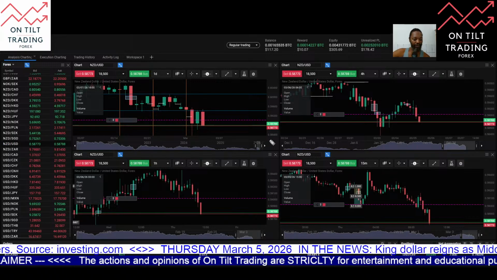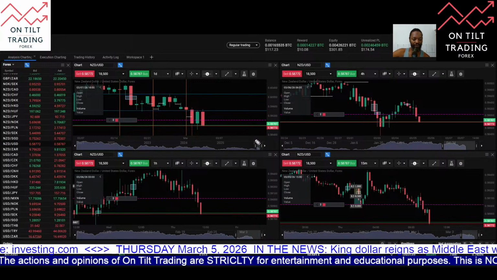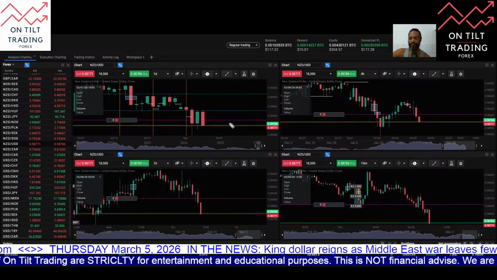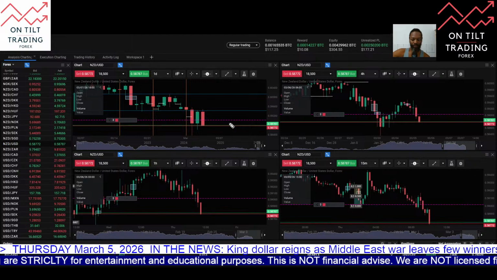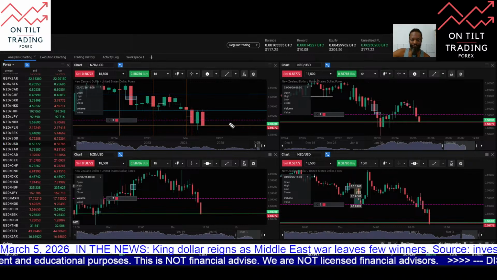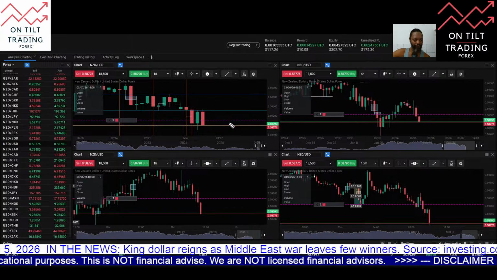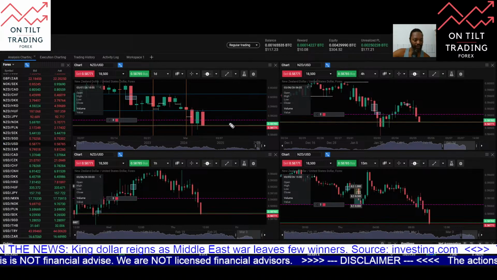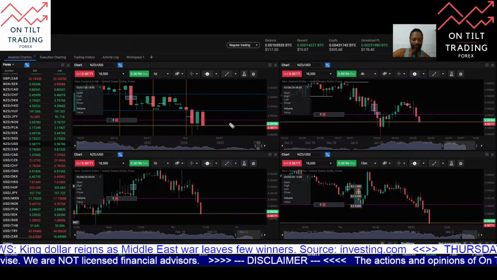But here I could also take some profits here. Let's see where we're at with time. I have 5 more minutes left in this 15-minute candle. I want to see how this candle closes.